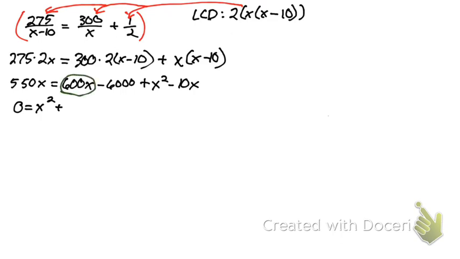So we have that 600x and that negative 10x and that 550x. So 600x minus 550x would be 50x, minus 10x would give me 40x. Then we'd have minus 6,000.